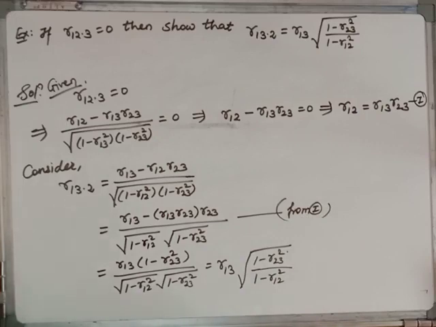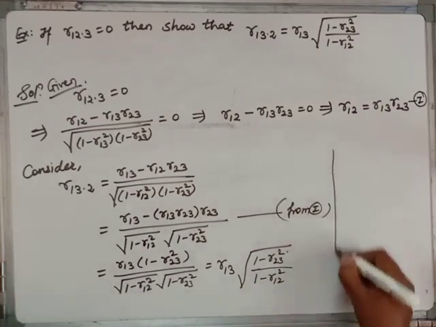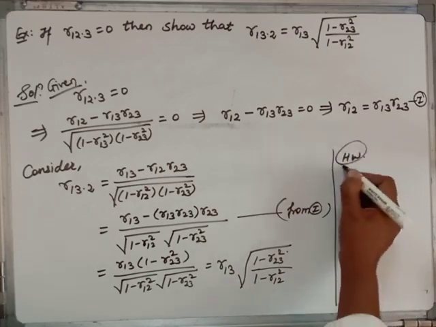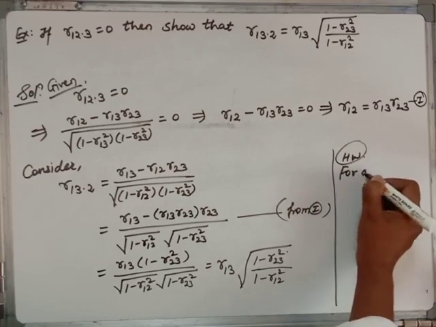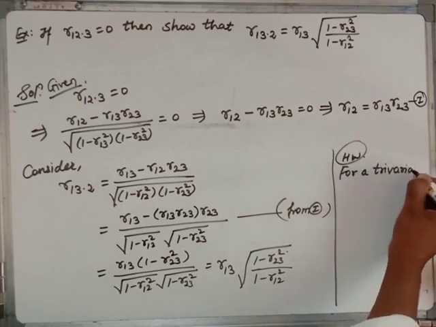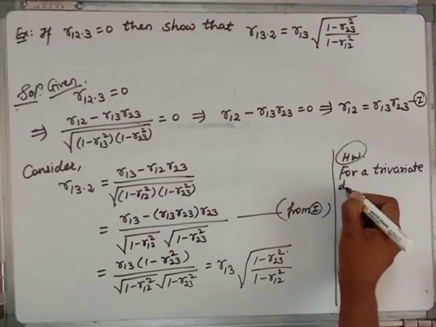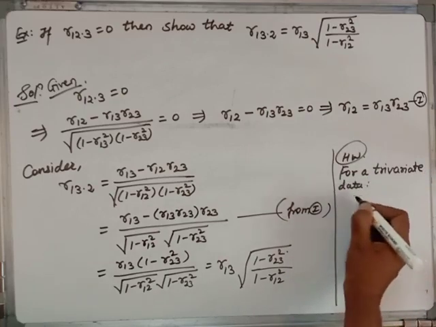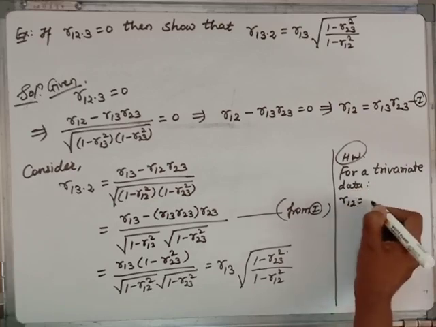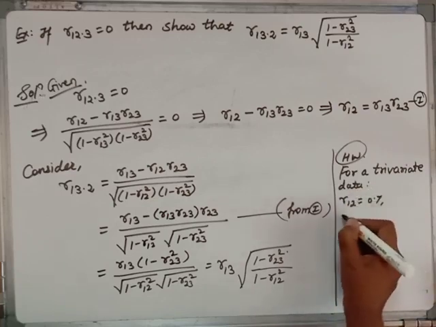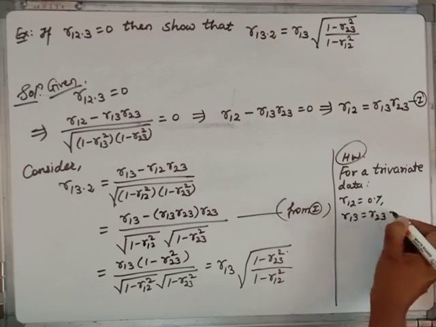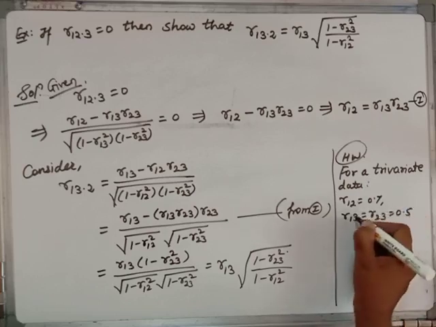Let me give one homework to you. Homework: for a trivariate data, R12 is equal to 0.7, R13 equal to R23, that is equal to 0.5.